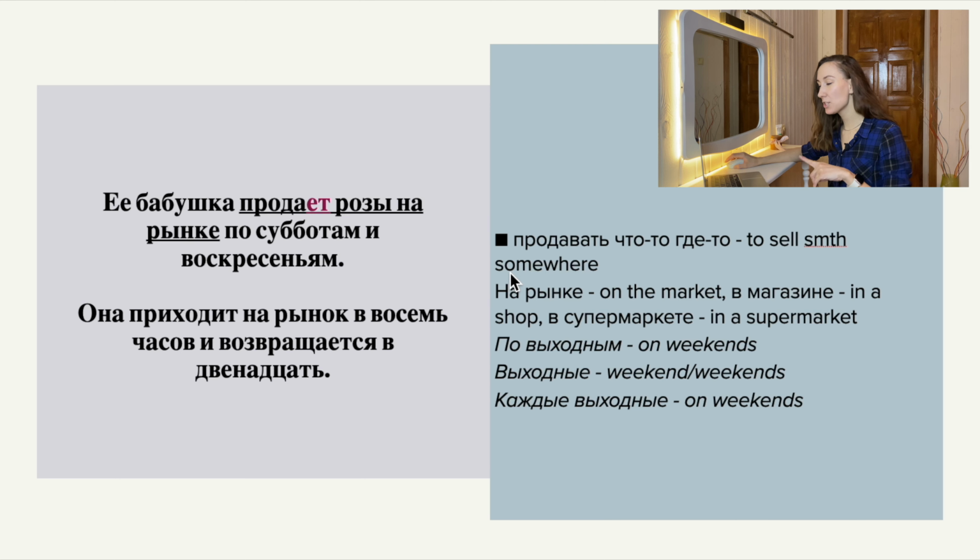So let's get back to the story. Ее бабушка продает розы на рынке по субботам и воскресеньям. Her grandmother, ее бабушка, продает розы на рынке. Sells the roses on the market.